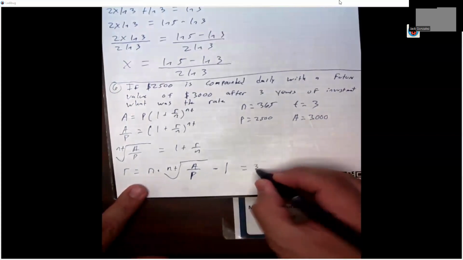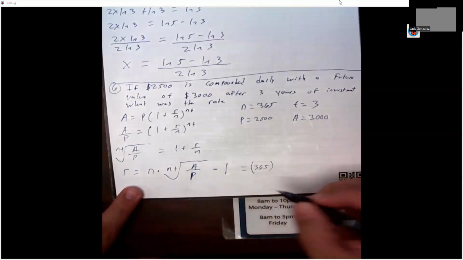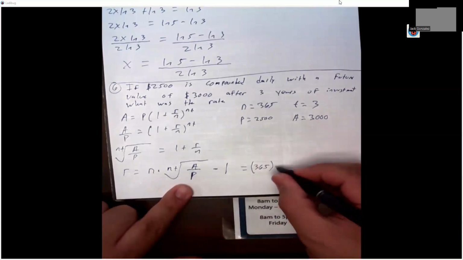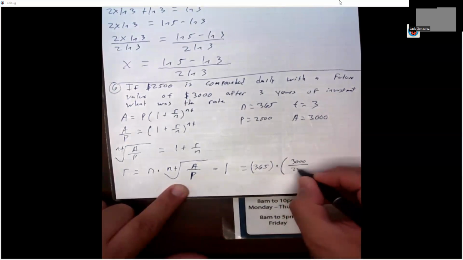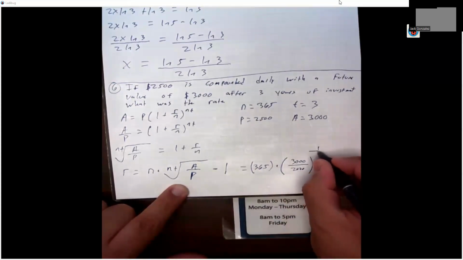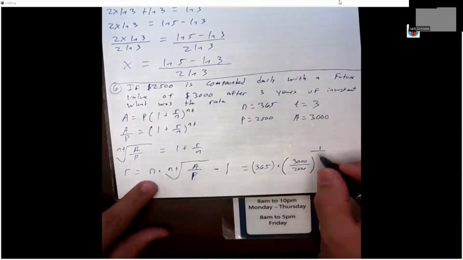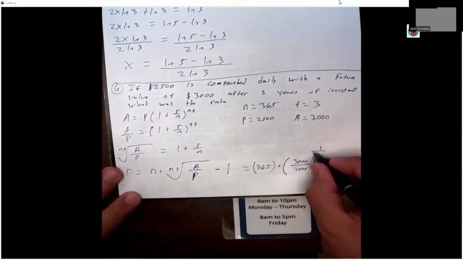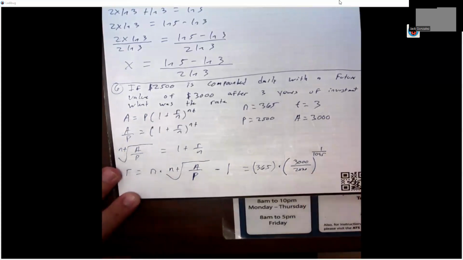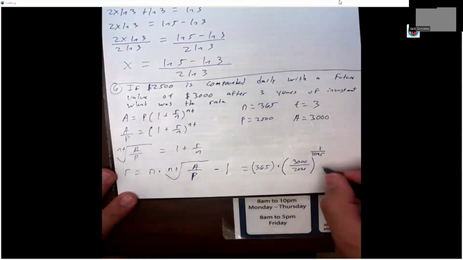So this will be 365 times, I'm going to use the parentheses instead of that weird root because it looks strange, A over P, 3,000 over 2,500, to the 1 over NT, which will be 365 times 3. What is that? 1095 root, minus 1.